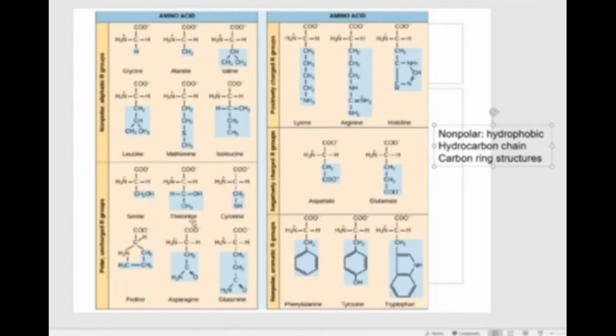So when you have unequal distribution of electrons, which results in a slightly positive end and slightly negative end, then it's very polar. Because the polar ends can interact with the water, they like to dissolve in water. So every time you see hydroxyl group, that means the molecule is probably polar.